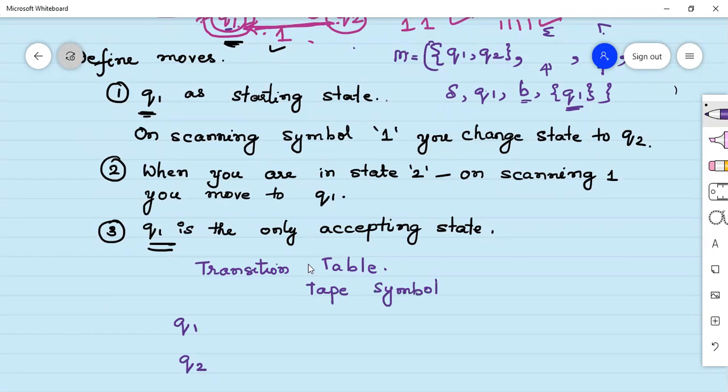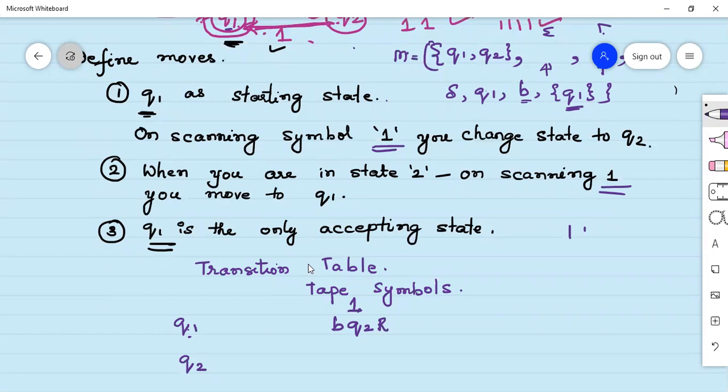Because the logic says scan 1 and scan 1, we are talking only about scanning 1, so we use only one tape symbol, which is 1. So if you have Q1 on 1, I am going to replace it by a blank, change the state to Q2 and move right.